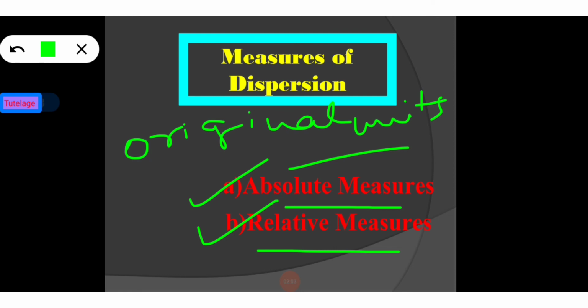So what do we mean by relative dispersion, learner? Basically, in cases where different data is measured in different units, the comparison of the dispersion becomes difficult. So there are two sets of data.